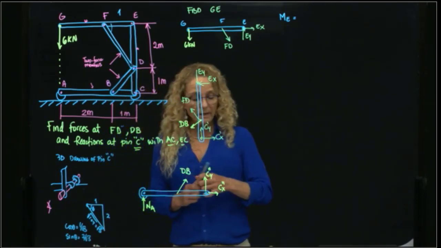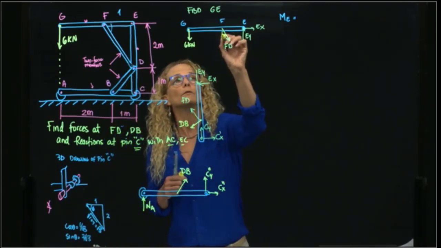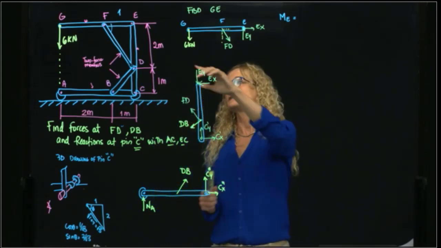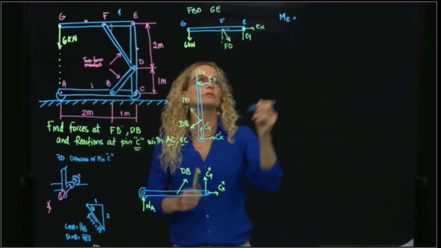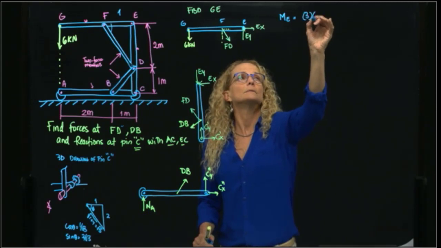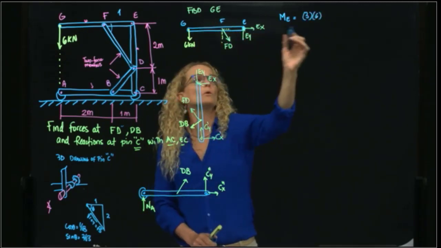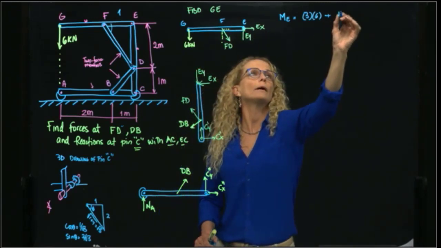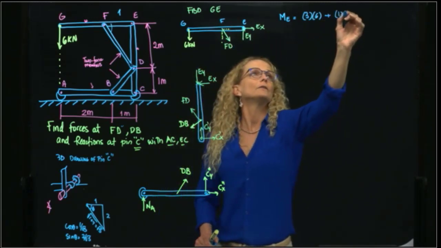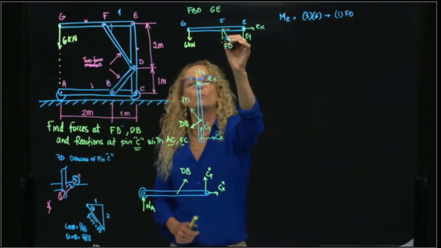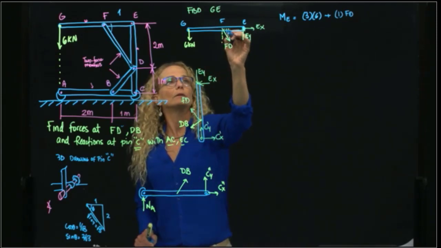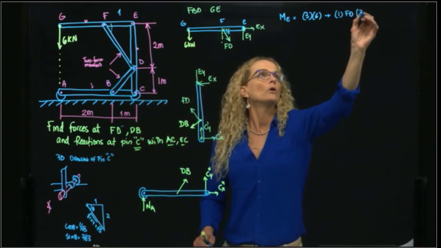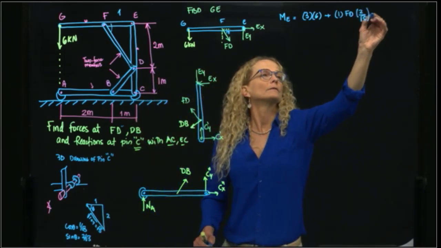Okay, having said that, I will decompose my force in X and Y to be able to take the moment. So I will see that the whole distance is 3 times 6, and that's a positive moment, plus another positive moment, equals 1 times the force FD in the Y component. I said this angle is theta, therefore I will multiply by sine of theta, which is 2 over square root of 5. That's equal to 0.